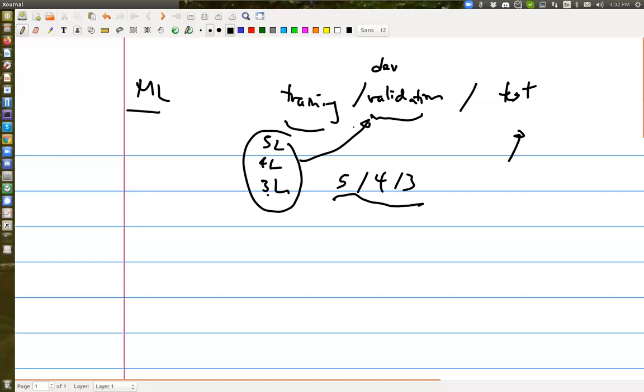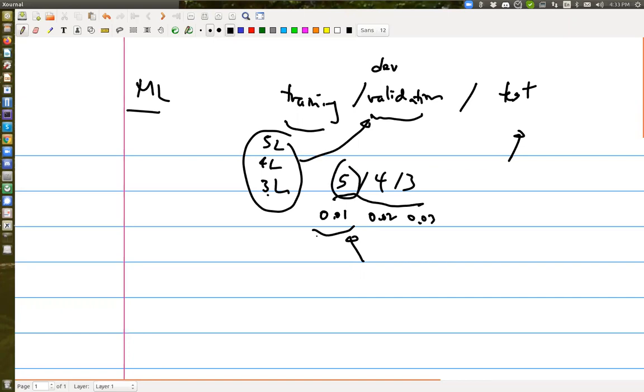Let's say the error on the validation set is 0.01 for the 5 layer, 0.02 for this one and 0.03 for this one. Then the 5 layer is better, so I will decide to use the 5 layer model. And when I present what my best approach is, I'm going to present this one.